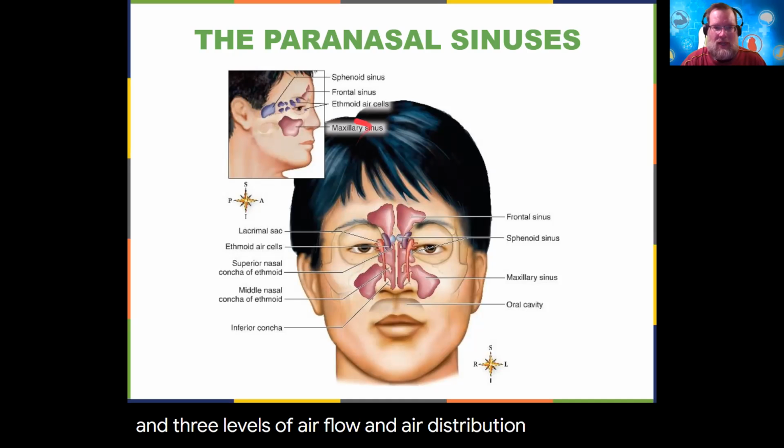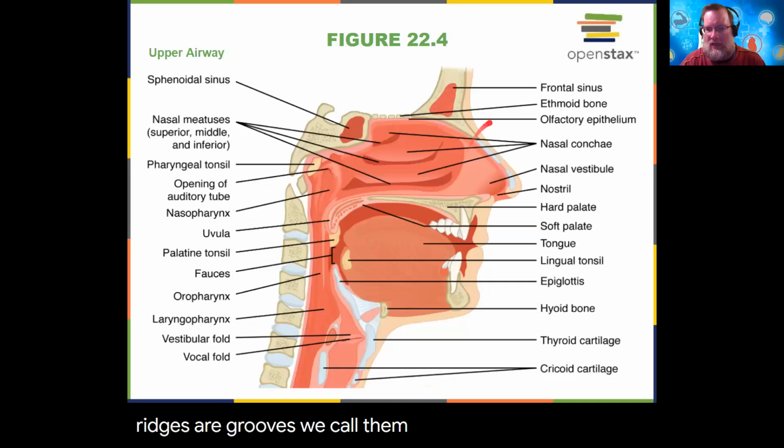And here's a side view, or a lateral view. See all of these little sinuses, these air pockets where air travels through. Now, these little ridges or grooves, we call them conchae. You can see that term there. We mentioned that way back when we were doing the skeletal system.